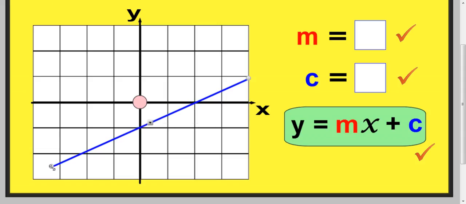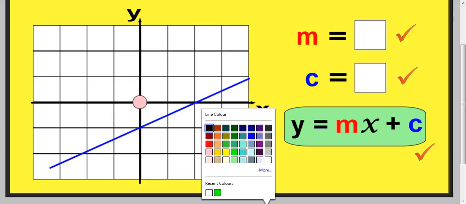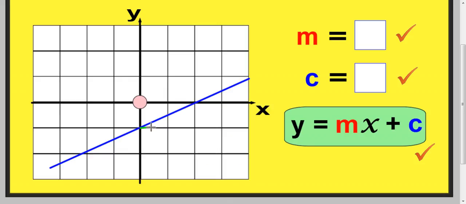Imagine I had to work out the equation of this line. Again, the first thing I'm looking for is a wee triangle going through coordinates. I can see a coordinate there and one here. So I'll go along like this and up like this.